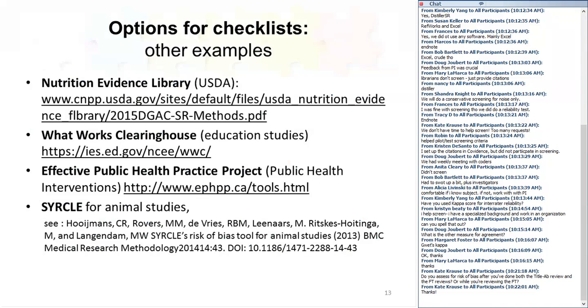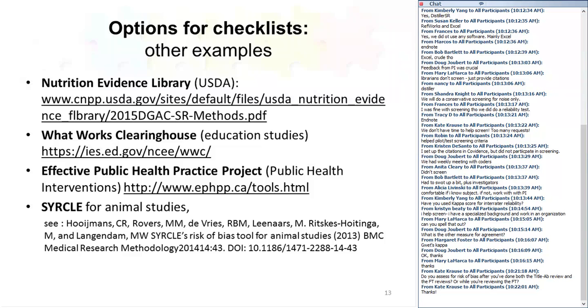And on this list, I provide even more. Some groups will go ahead and create their own. For example, the USDA one is very limited to trials or some observational studies.